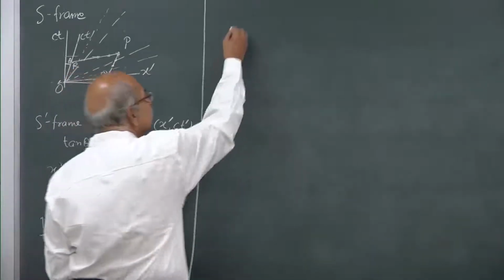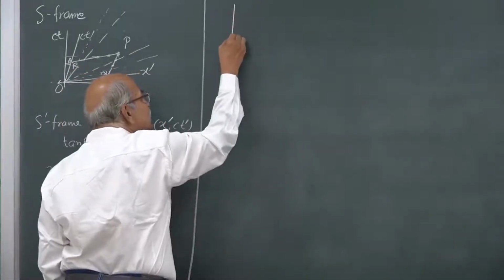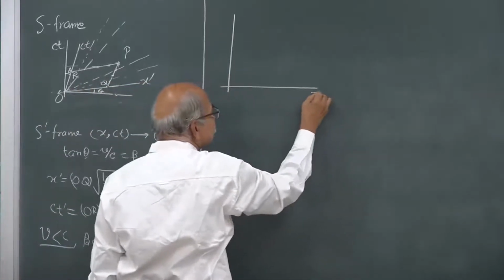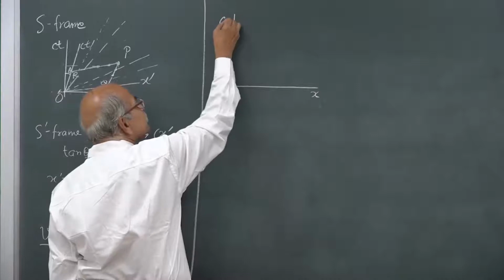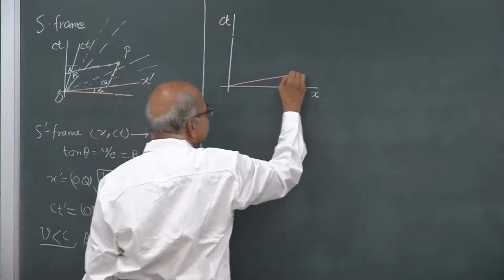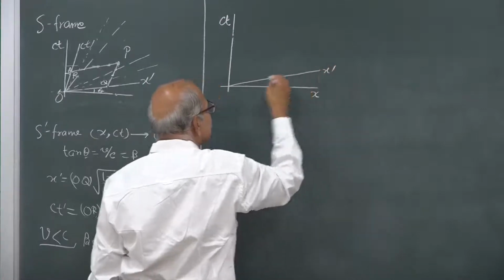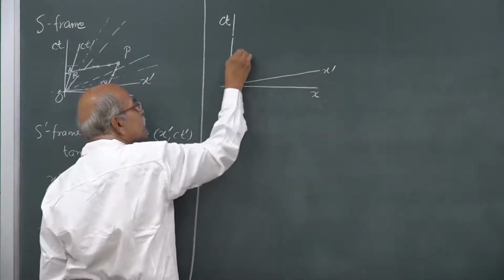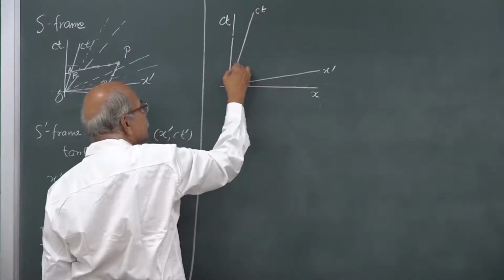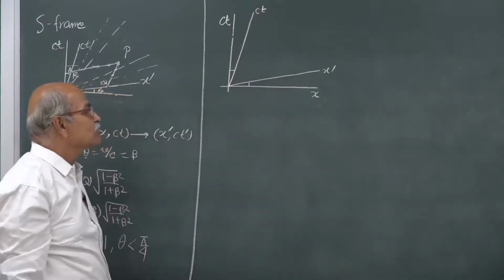So, how do I see here? Suppose I have an S frame represented by this x and this CT, and then S prime frame represented by this x prime and this CT prime. This angle is theta, this angle is theta, tan theta is v by c.